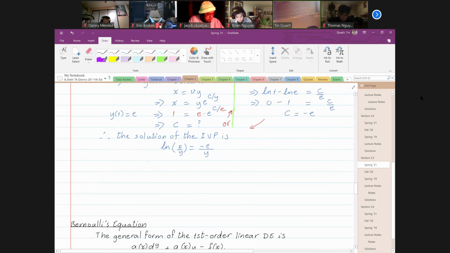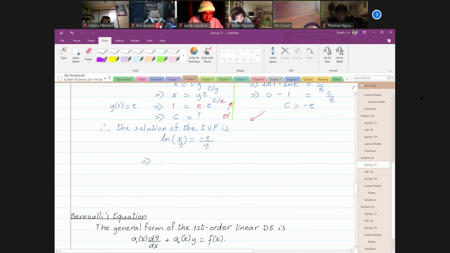Or if you don't want to deal with fractions, you can write y ln of x over y equals -e. You may want to write the particular solution, right?